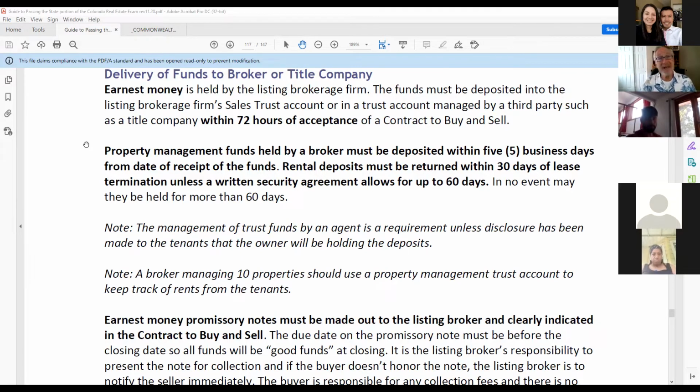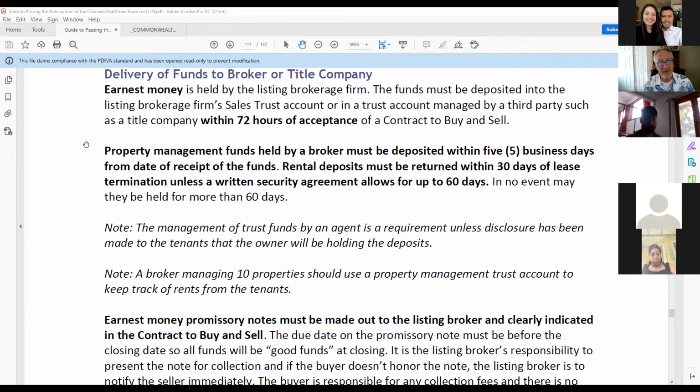It's not 3 business days, folks. That's one of the multiple choice answers you'll be given to choose from when the earnest money has to be delivered. It's not 3 business days. It's 72 hours. That's a big difference, isn't it?